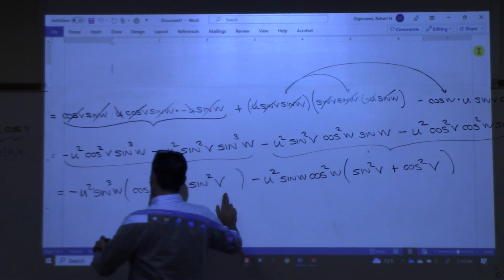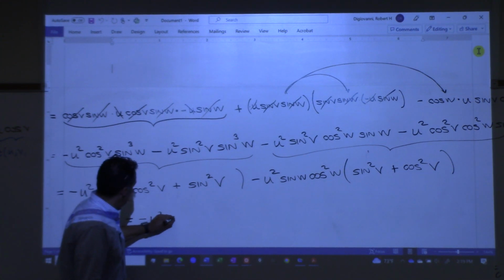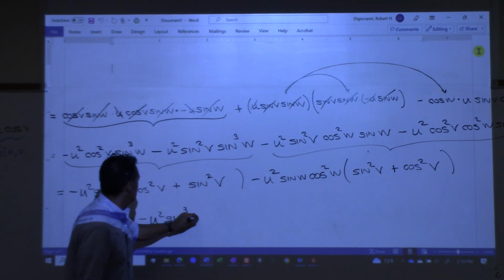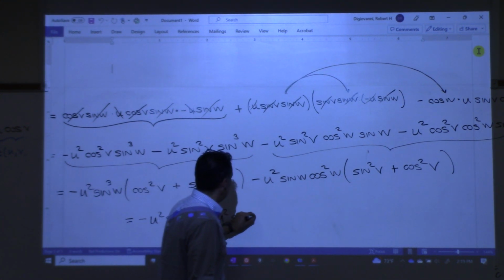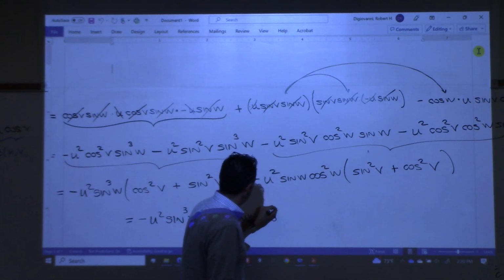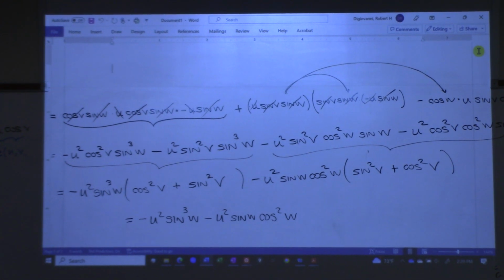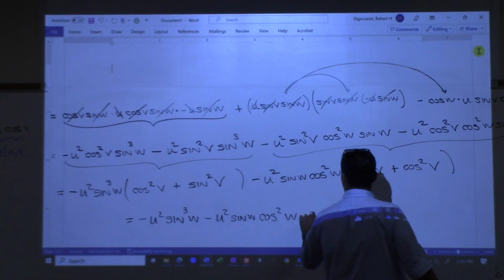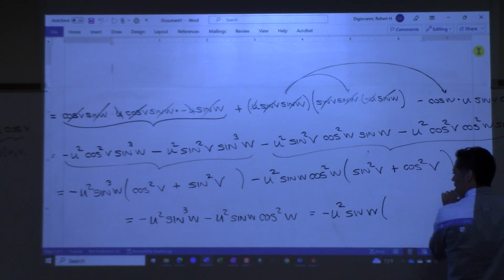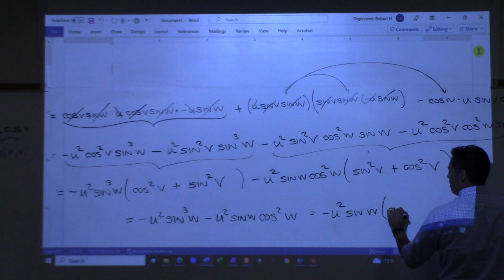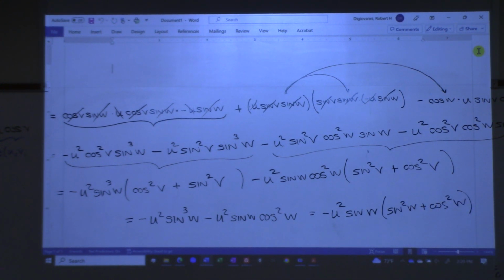Those turn into 1s, right? 1 here, 1 here. So now all we have is minus u squared sine cubed w minus u squared sine w cosine squared w. And factor the GCF again. Minus u squared sine w, and what are you left with? Sine squared w plus cosine squared w. Right?